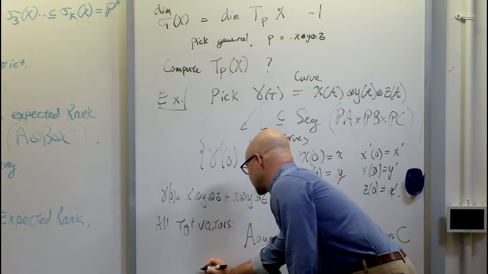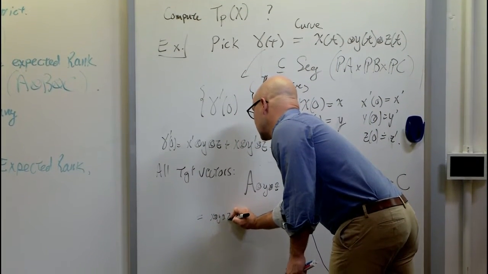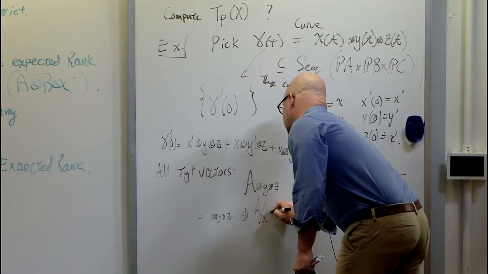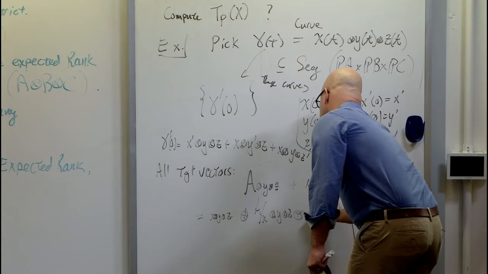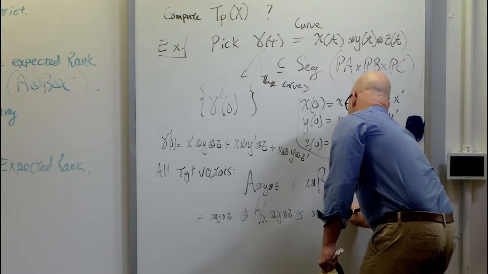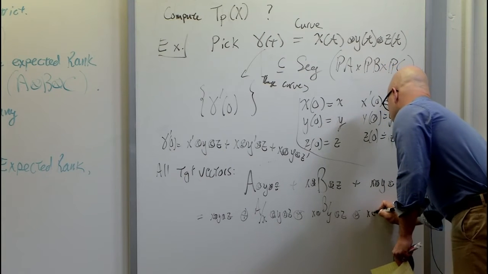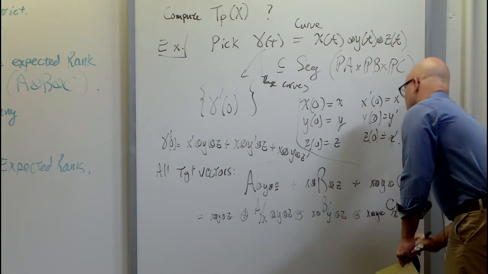So actually I should write this as x tensor y tensor z. This occurs in all of them. And then take a mod x tensor y tensor z, direct sum x tensor b mod y tensor z, direct sum x tensor y tensor c mod z.